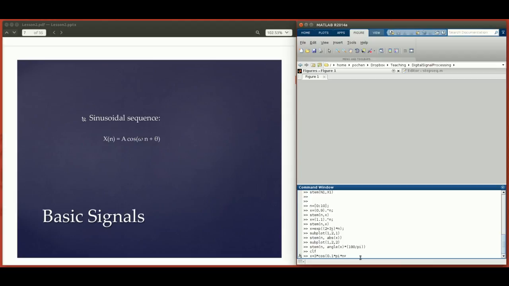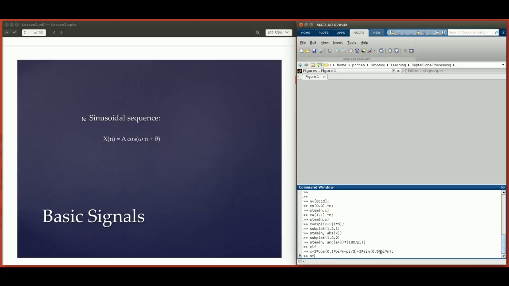And then pi divided by 3 is going to be the phase theta. That's the first signal. And then I'm going to add a sine function to it: 2 times sine, 0.5 pi times n. And I'm going to leave the phase shift theta to be 0. And then that's going to be my amplitude.